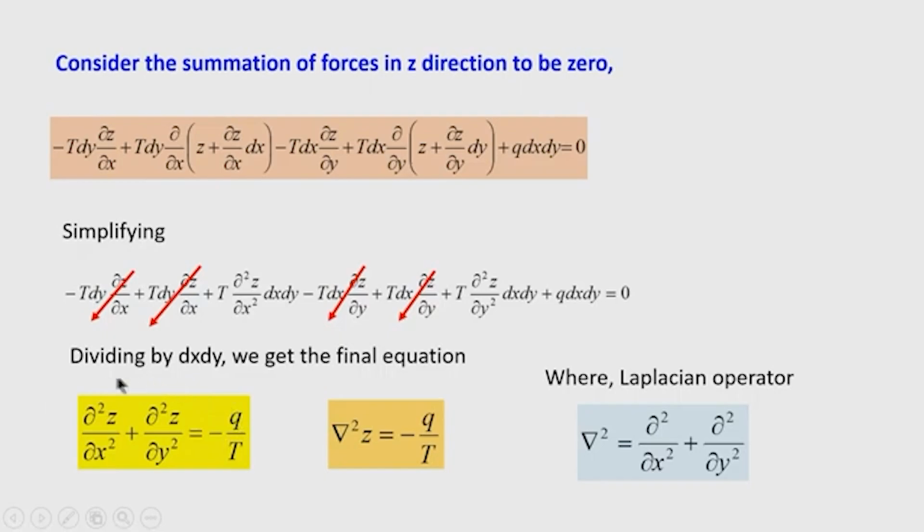When a membrane is under tension and it is subjected to an air pressure Q, then the phenomenon is represented by the differential equation del square Z equal to minus Q by T, where Q is the air pressure and T is the uniform tension in the membrane, and del square here is the Laplacian operator, that is del square by del x square plus del square by del y square.